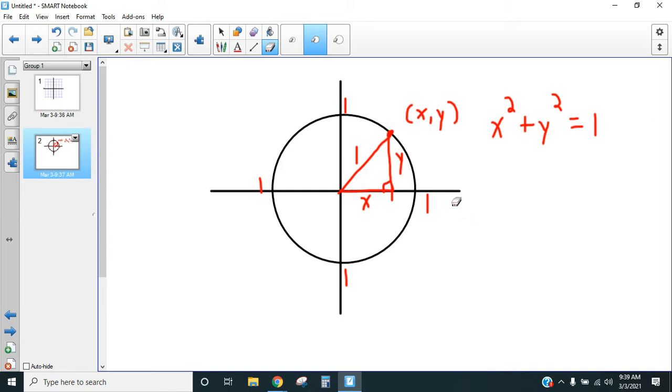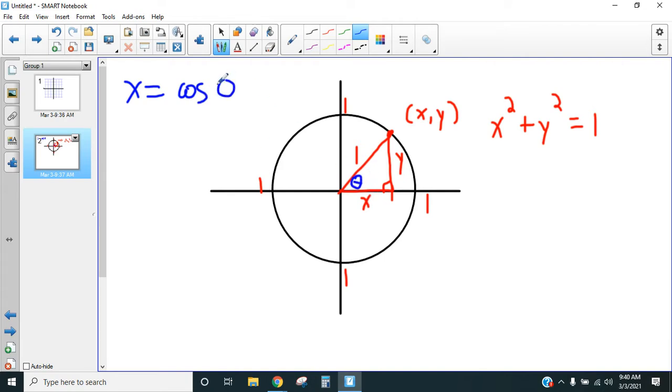But we also found something out last class period. And it was that every x coordinate on here is equal to the cosine of the angle, right? Theta. And then every y coordinate is equal to the sine of the angle. So here's what we could do.